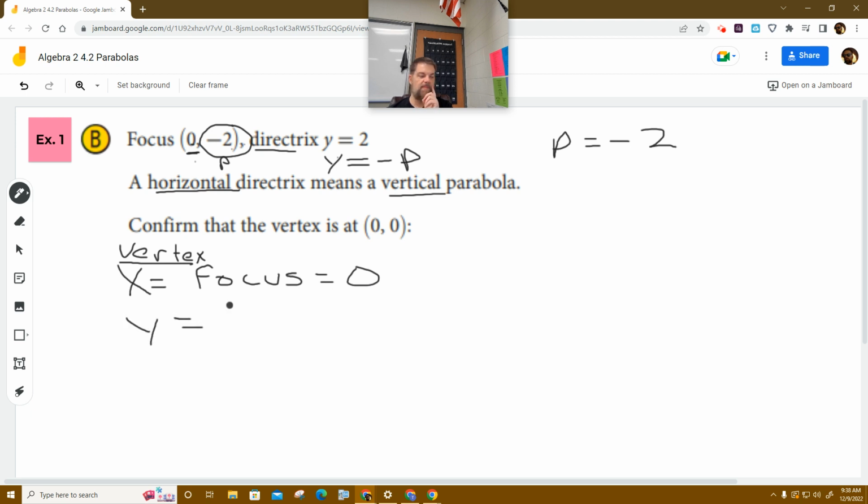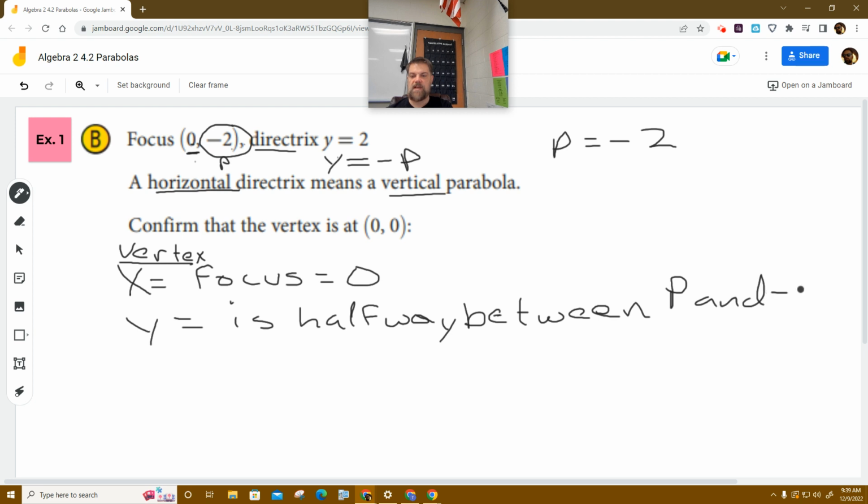Now, in this case, we're flip-flopping it. So now the y-coordinate is halfway between, boy, that's horrible handwriting, P and negative P, which is 2 and negative 2.